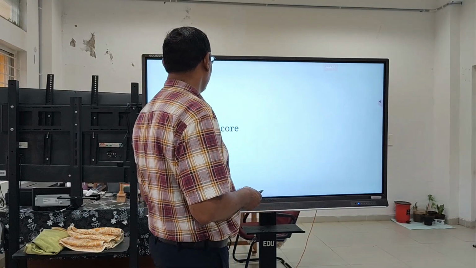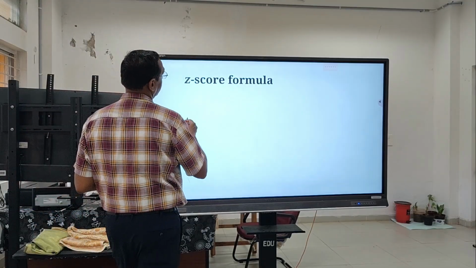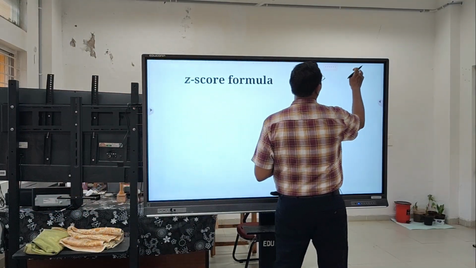Standard scores we can use to get a more generalized score. What we use is the Z score. So what is the formula for Z score?